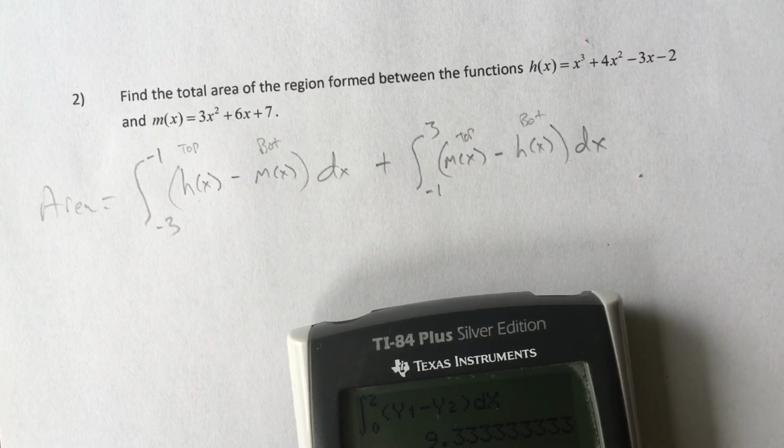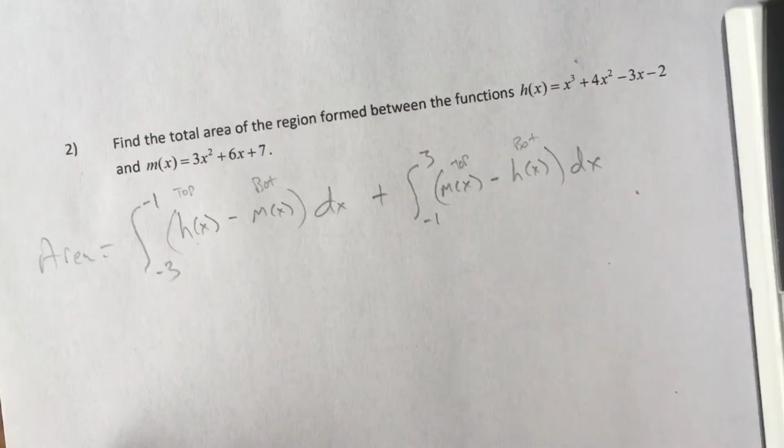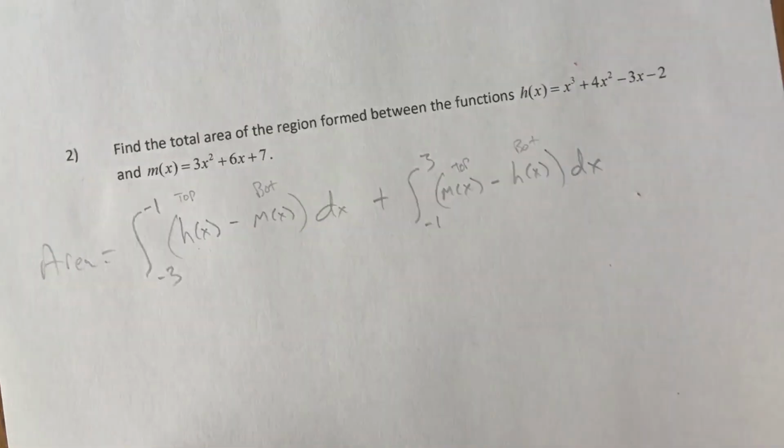That's the first one, and then plus, I'll add another one from -1 to 3. This time I'm going to go y4 minus y3. Flip it over and hit enter, and we get a total area of 49 1/3.